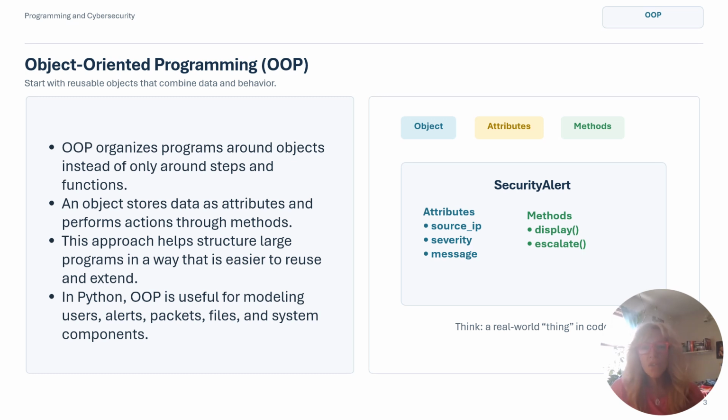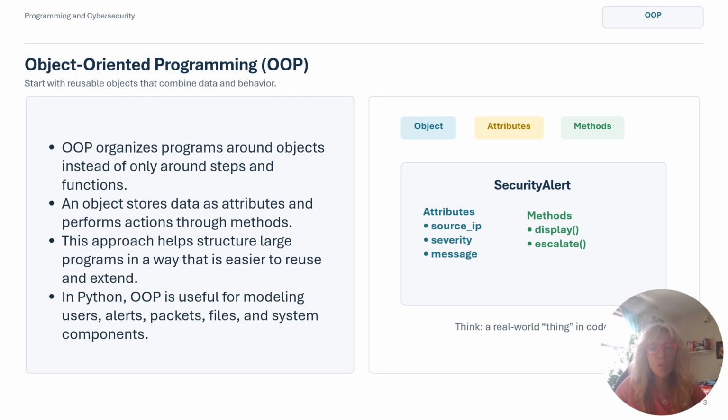So this slide introduces object-oriented programming, or OOP, and the main idea is that instead of organizing your program only as a list of steps or functions, we organize it around objects. An object is like a digital version of a real-world thing.